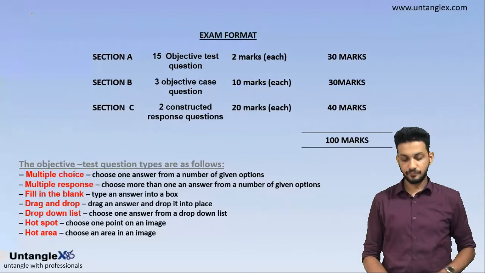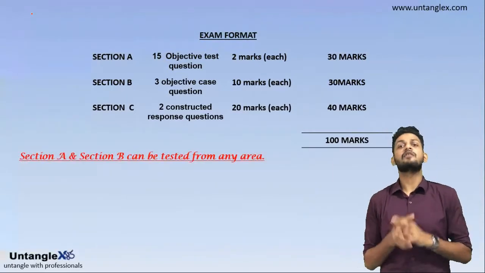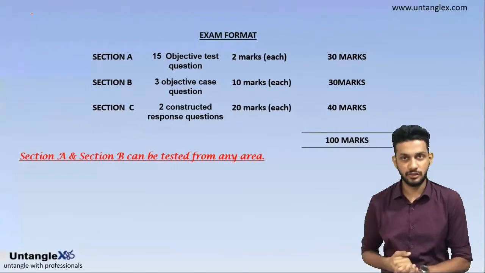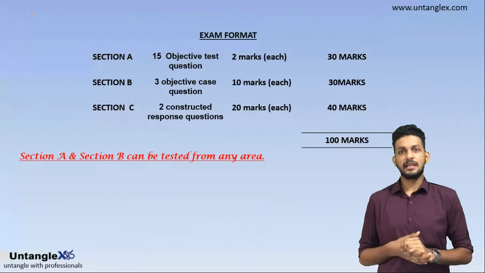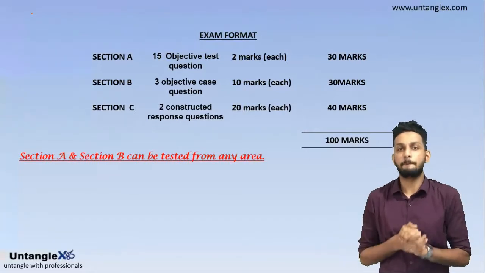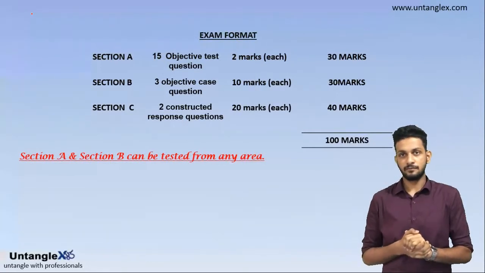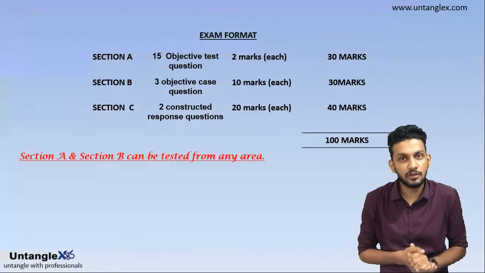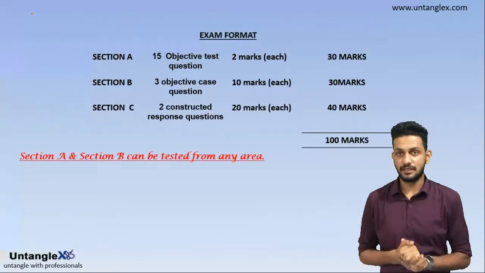In the case of section B, there will be 3 objective case questions which carry 10 marks each. Objective case question means the examiner will give you some background of a company, and using that background there will be objective test questions. So one objective case question carries 10 marks, so it will give you another 30 marks.